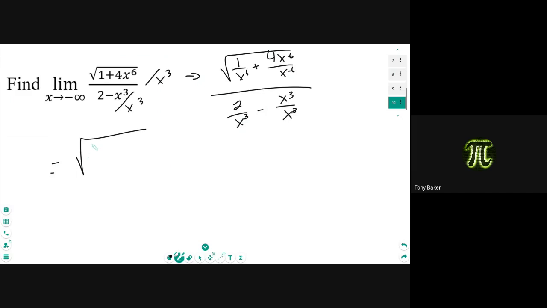So 1 over x to the 6th plus 4, over 2 over x to the third minus 1. Right? What's 1 over x as x goes to infinity? What does that happen to that fraction? As the bottom of the fraction gets infinitely large, what happens to it?